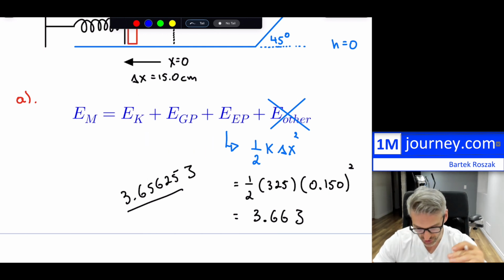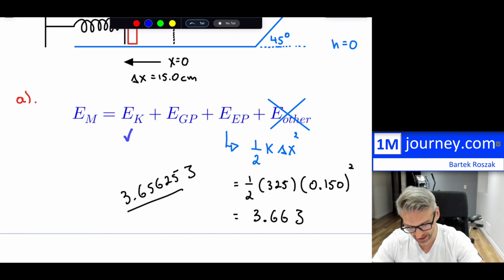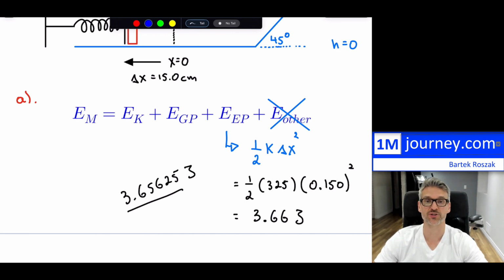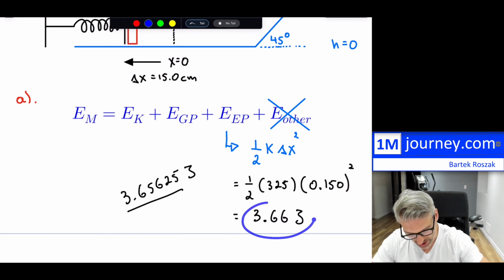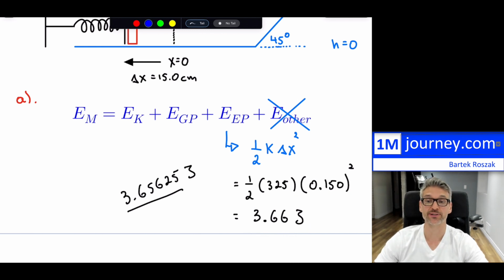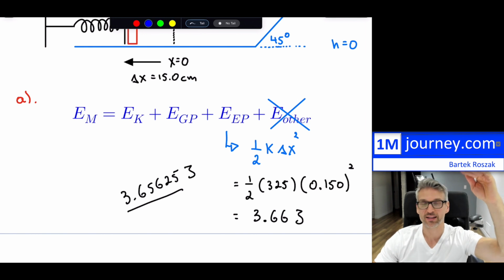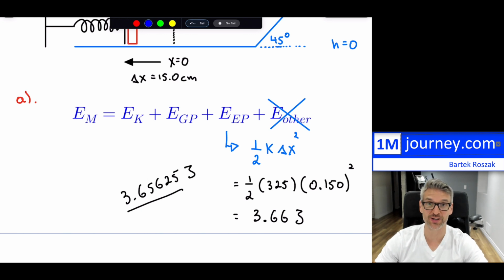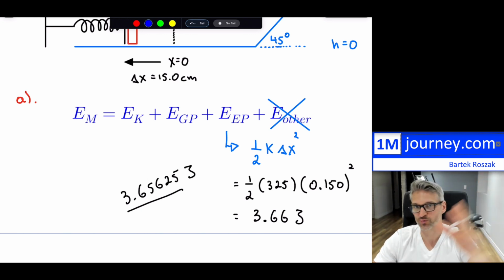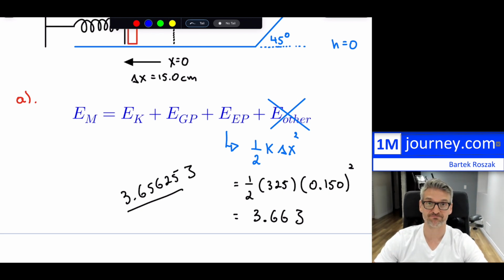And then as it starts to move up, it's going to have both kinetic energy and gravitational potential energy until it gets to some particular height, which is going to be the maximum height where all of this energy is going to get transferred into gravitational potential energy. And then it's going to stop there, and then it's going to slide back down. If this was a perpetual machine where the energy just gets transferred back and forth, this would have been weaseling back and forth forever.